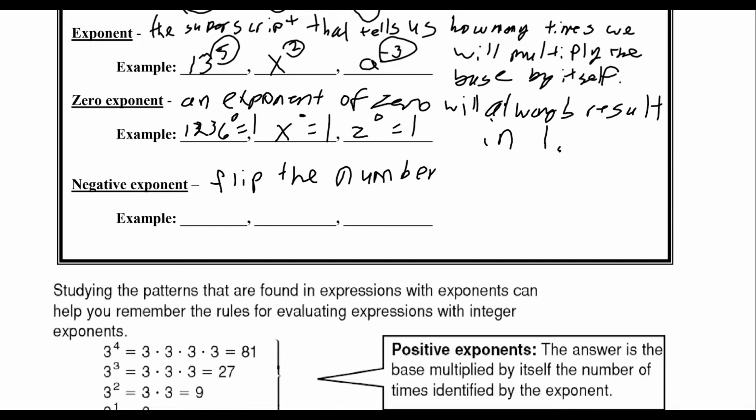Okay, if we had, say, 2/3 raised to the negative 2, that's the same thing as saying 3/2 squared. Okay, if we have, say, x over 2 raised to the negative 3, okay, that's going to be the same thing as saying 2 over x raised to the third. Okay, so on and so forth. Notice I'm flipping it over and the negative sign has gone away. The negative sign goes away whenever you flip it over.